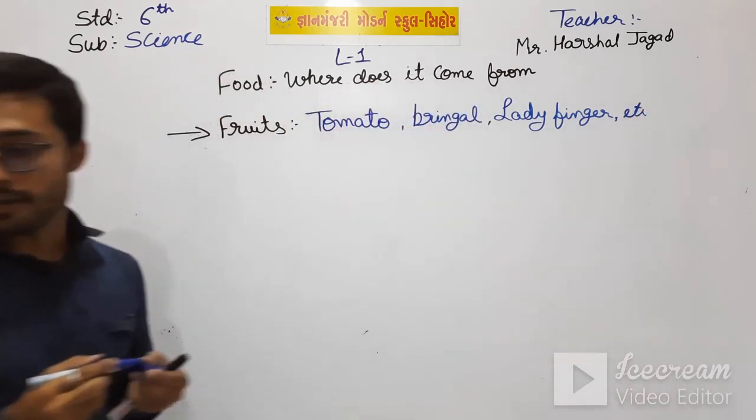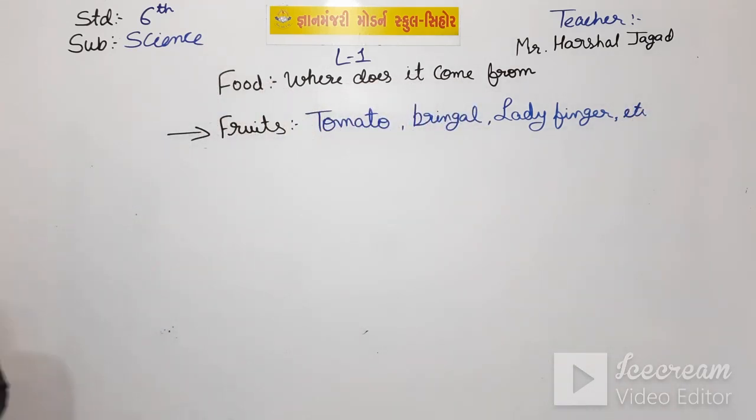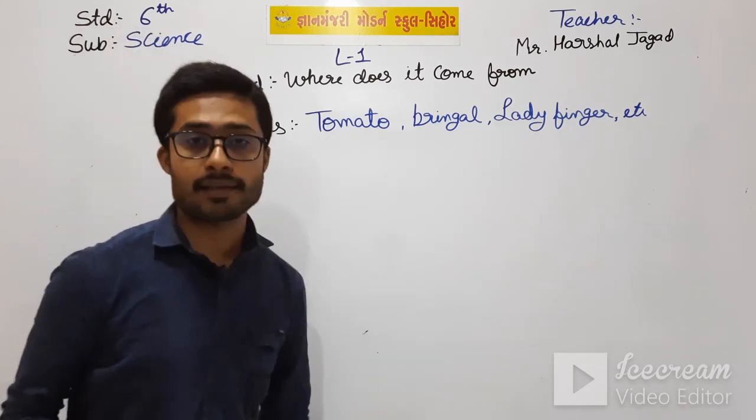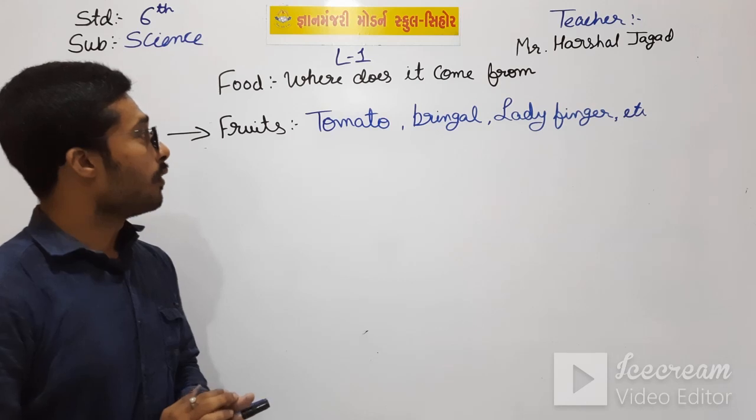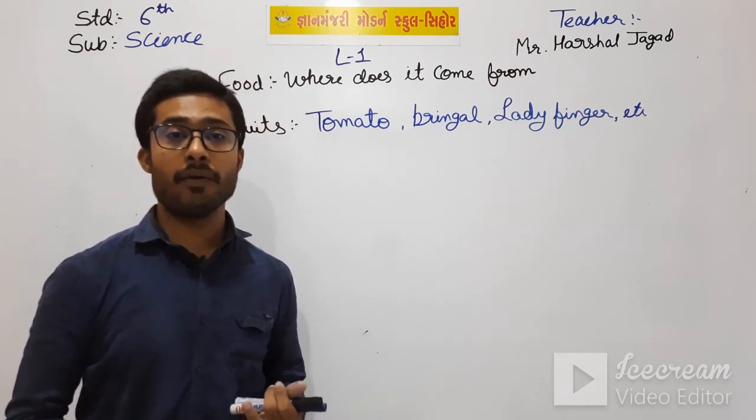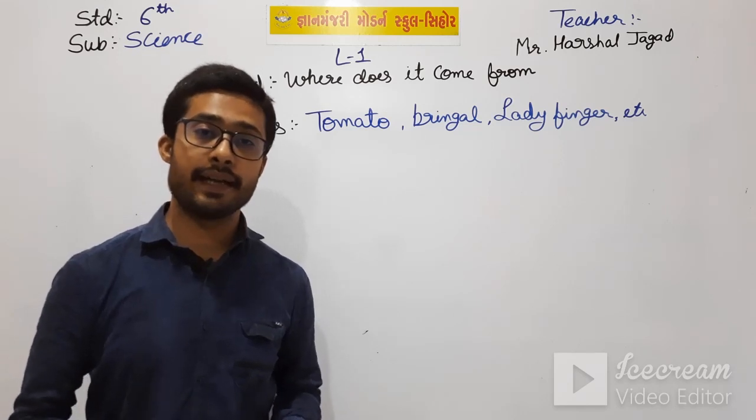So these are some fruits which we get from the plants. Okay students, fruits also come from the plants and have one or more seeds in them.